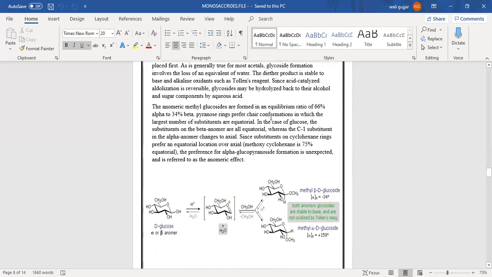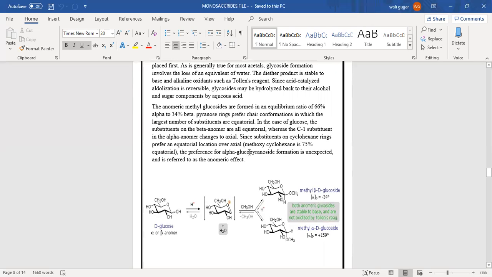Pyranose rings prefer chair conformations in which the largest number of substituents are equatorial. In the case of glucose, the substituents on the beta anomer are all equatorial, whereas the substituent on carbon number 1 in the alpha anomer changes to axial. Since substituents on cyclohexane rings prefer an equatorial location over axial, methoxycyclohexane is 75% equatorial.